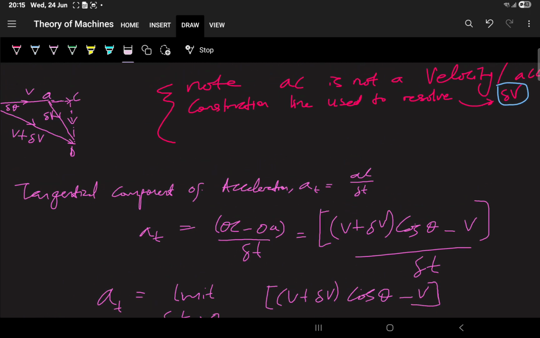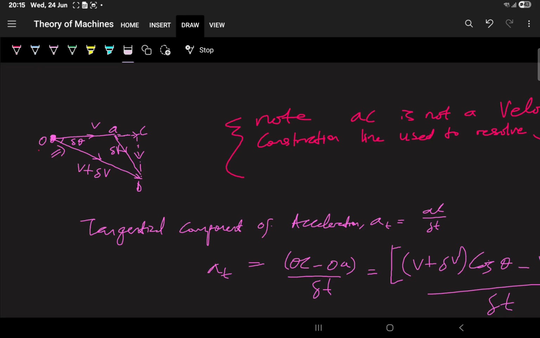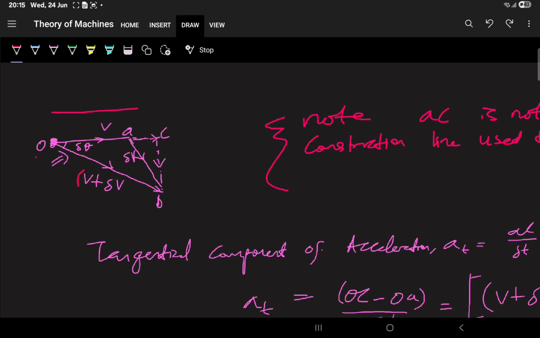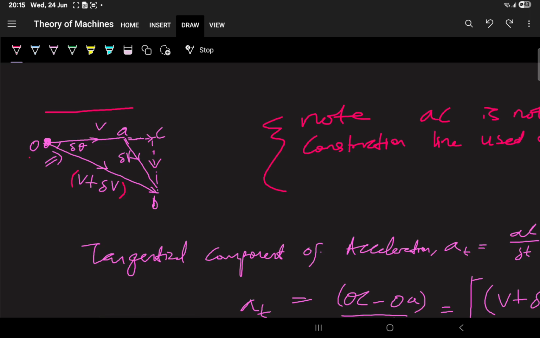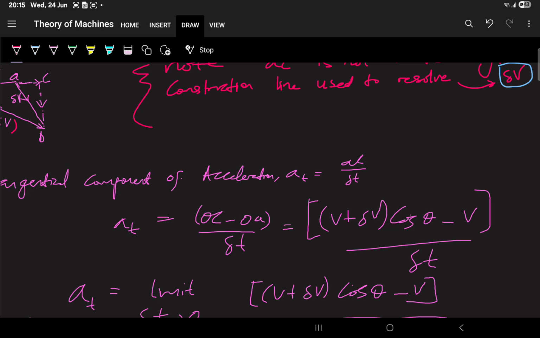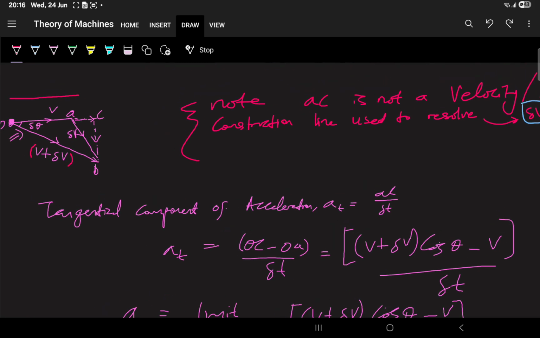Now from the explanation, OC will be, in this case, V plus delta V cos the angle, which is theta here, which is what we have here, subtracted by OE.